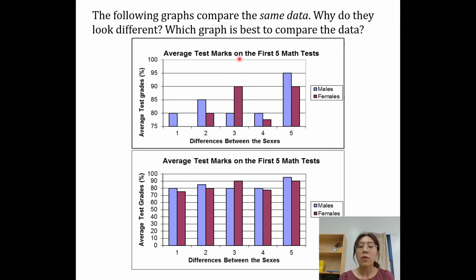So the top graph is an exaggeration, even though the data is the same. And so the top graph is very misleading. Using data like the bottom graph and representing it in that way is much better and eliminates any exaggeration that could lead people to misinterpret the information.